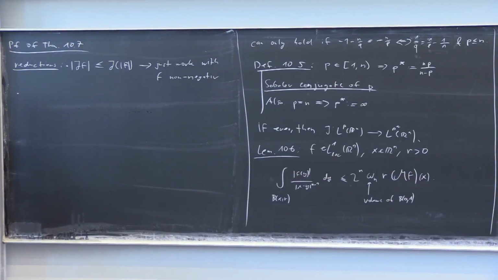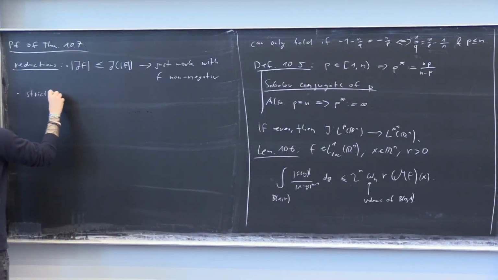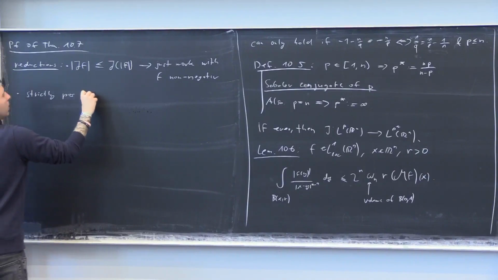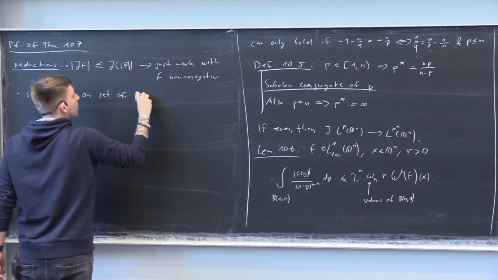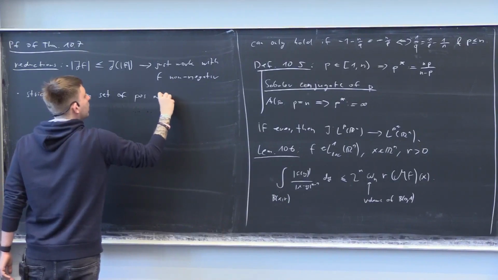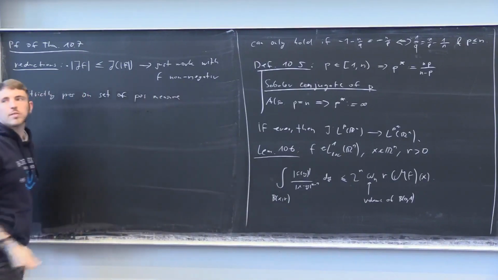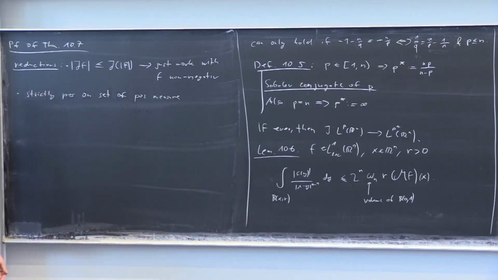So this tells us that we are strictly positive on a set of positive measure. This is just what it means that you are non-negative everywhere and you are not almost everywhere 0. Then you must be strictly positive on some set of positive measure.